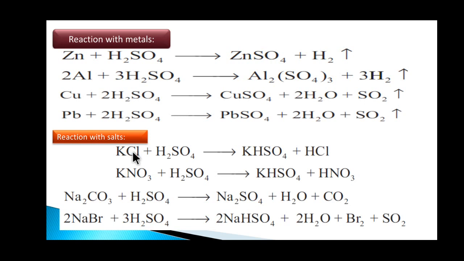Potassium chloride will give potassium bisulfate, potassium nitrate will give potassium bisulfate, sodium carbonate will give sodium sulfate, and sodium bromide will give sodium bisulfate. So reaction with salt gives metal sulfate and bisulfate.